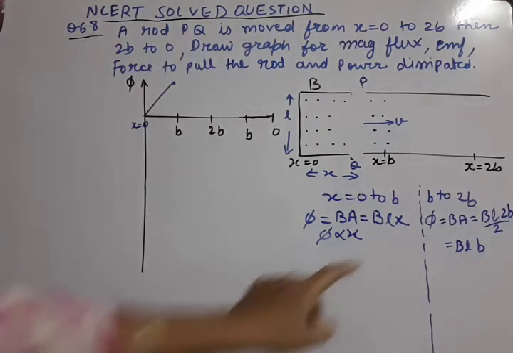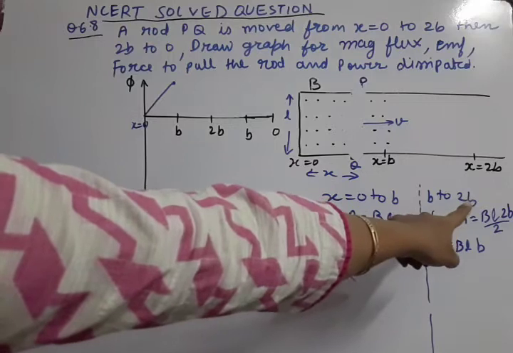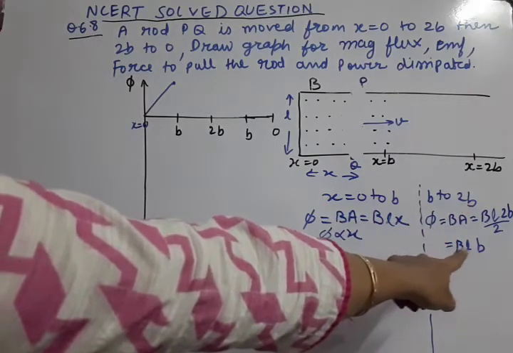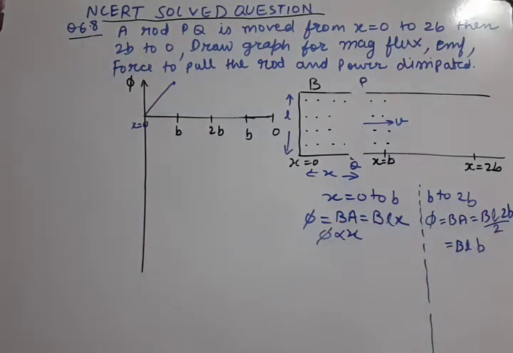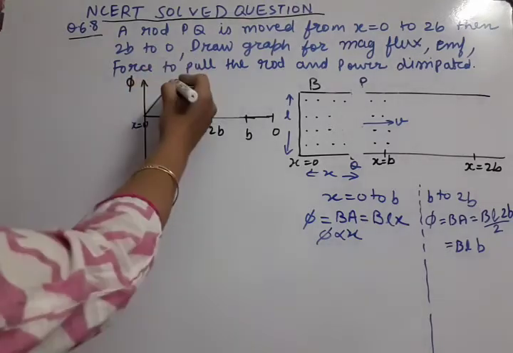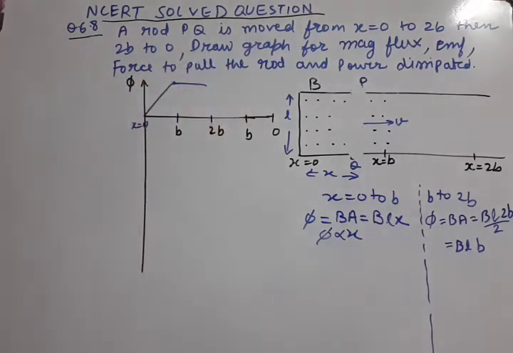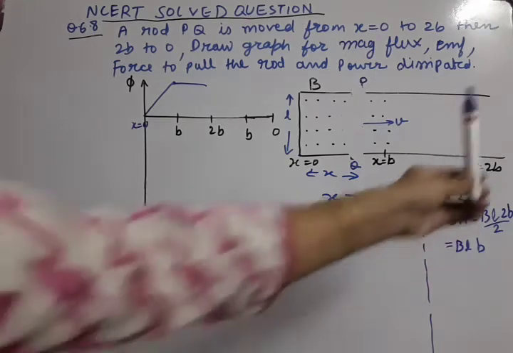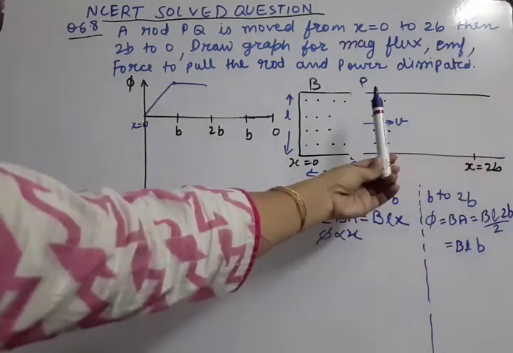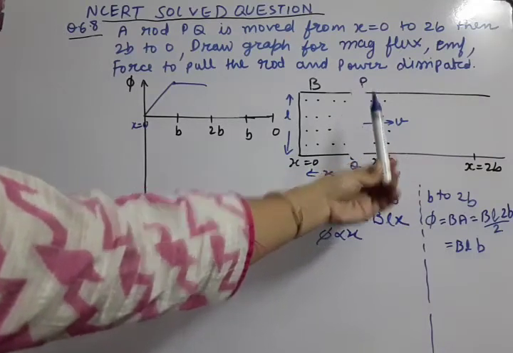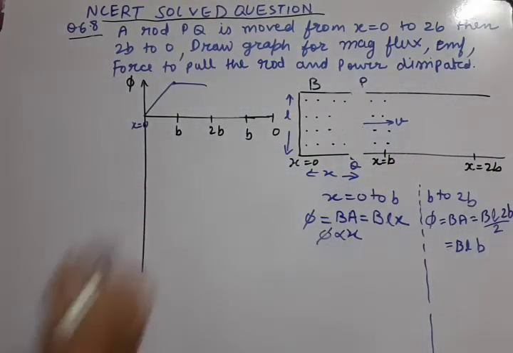When the rod PQ is moved from B to 2B, the flux is BLB. BLB means it is not variable, it is constant, so the graph is parallel to the axis. Then again when the rod PQ is moved from 2B to B, the same BLB flux will come, so it is constant.